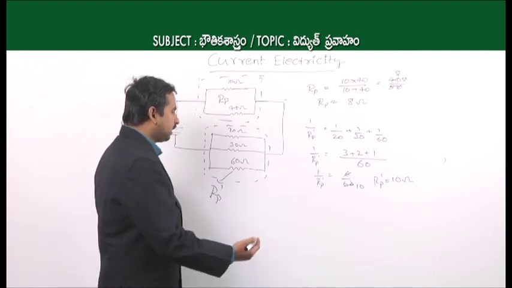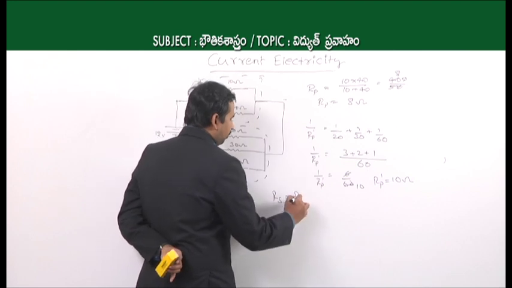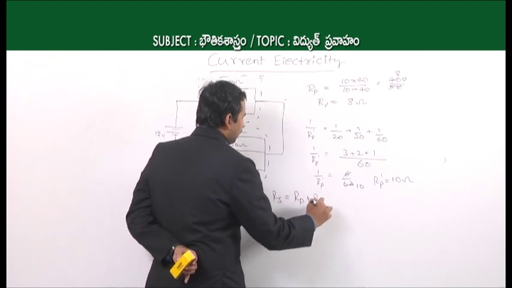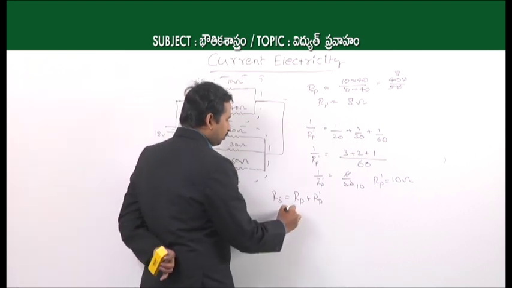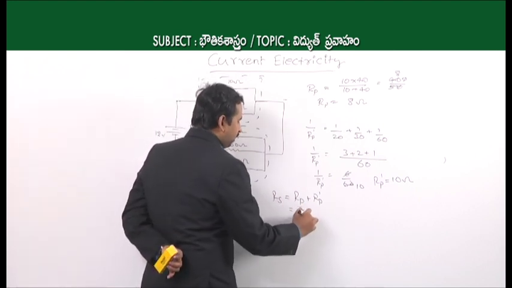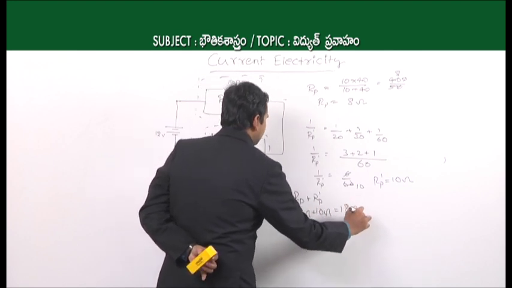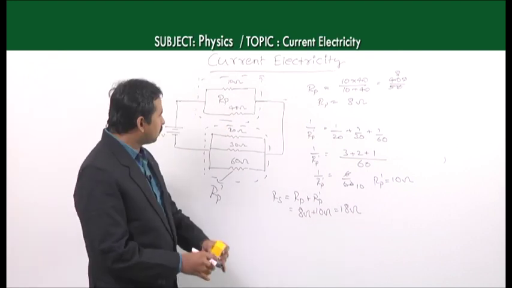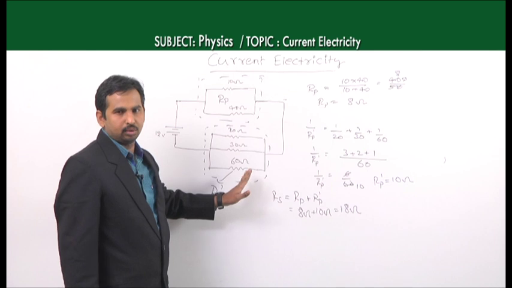When connected in series, Rs is equal to Rp plus Rp dash. The total resistance becomes 8 ohms plus 10 ohms, which is 18 ohms. This is the total resistance of the whole circuit.